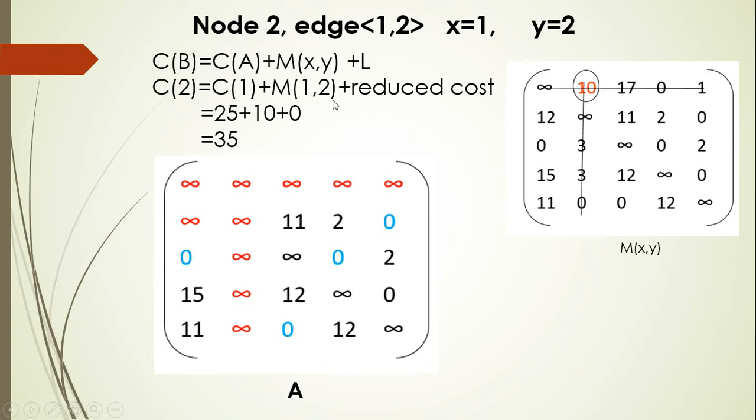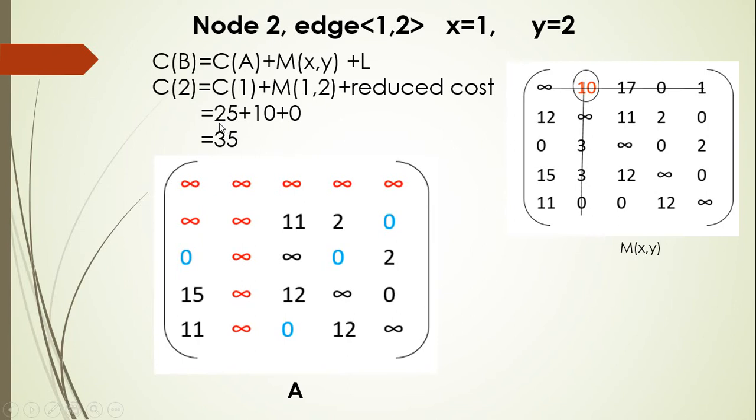So now find out the cost for this travel, edge 1 to 2. What is the formula for this? The cost for B, that is the cost for reaching node 2, is equal to cost of 1, that is node 1, plus M of 1 2. This is the direct cost of traveling from 1 to 2, plus the reduced cost. Cost of 1 is 25.